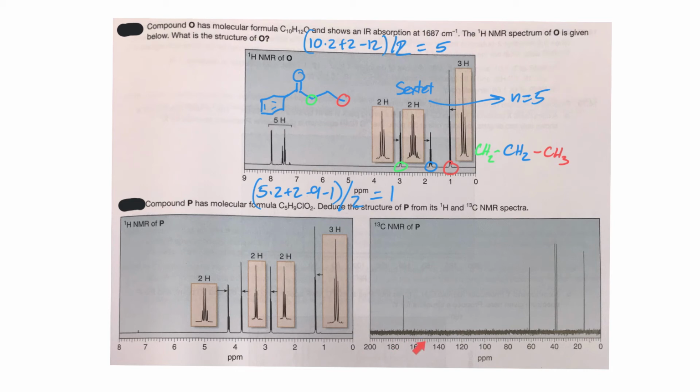Remember that the carbonyl region is between 150 and 200, sometimes even a little beyond 200. So most likely we have a carbonyl right here that accounts for our HDI, and it accounts for one of the oxygens and one of the carbons. Then we have 4 other carbons, and we probably have a carbon next to an O and a carbon next to a chlorine, because the chlorine has to be attached somewhere.